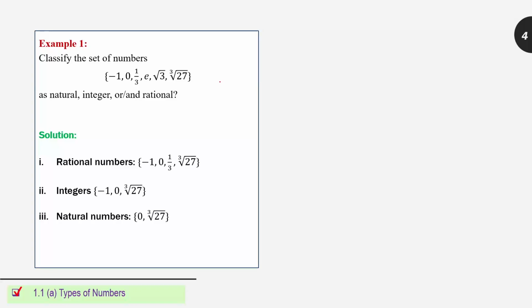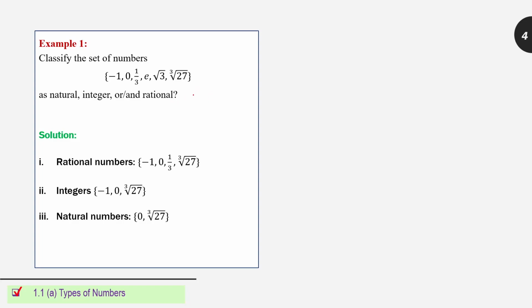Okay, let us look at the first example. Classify the set of numbers. Over here we have negative 1, 0, 1 over 3, e, the square root of 3, 27 to the power of 1 over 3. They ask you to classify whether each is a natural, integer, or rational number.